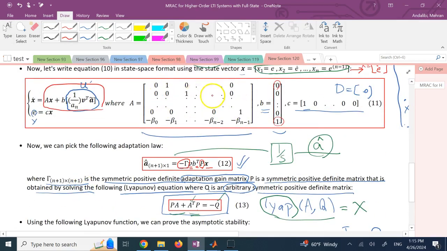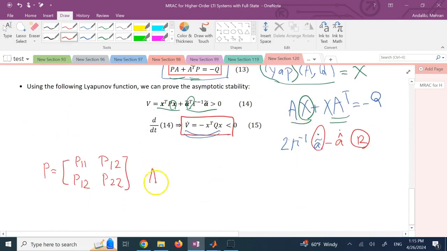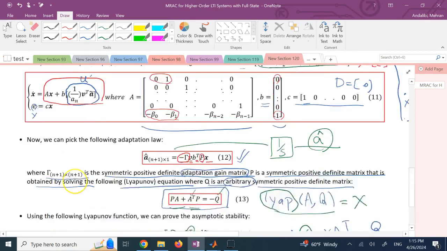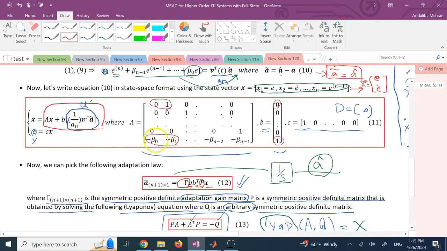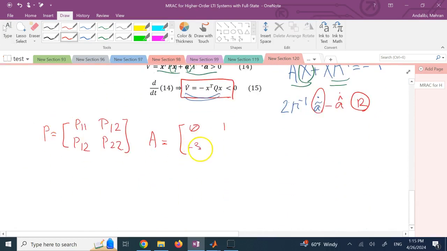And remember, it's going to be a 2 by 2, so it's just going to be 0, 1, and then literally negative beta 0 and negative beta 1. That's all it is. So my A matrix, in this case, is going to be a 0 and a 1, and then remember, beta 0 was 3, beta 1 was 4. So negative 3, negative 4.